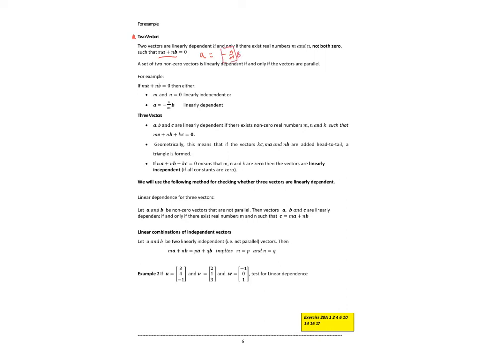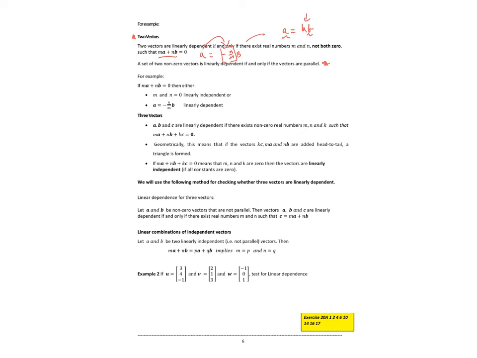So in other words, I can write that vector in terms of that one, providing we don't use 0. For a set of two non-zero vectors, if I extend this further, A is equal to some KB, which means one's a factor of the other, which makes them parallel.